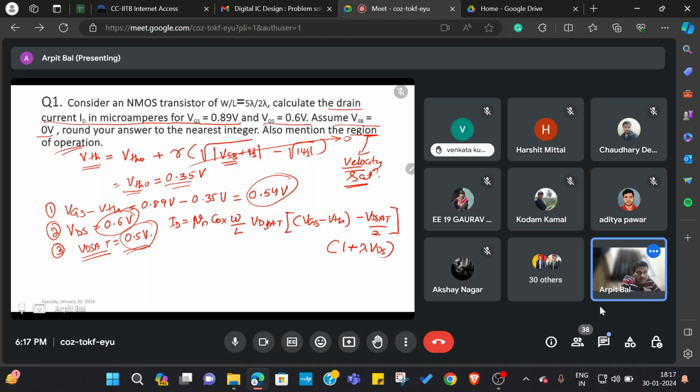You might be having a question: why did I do 1 plus lambda VDS? How do I know whether to operate in short channel or long channel?